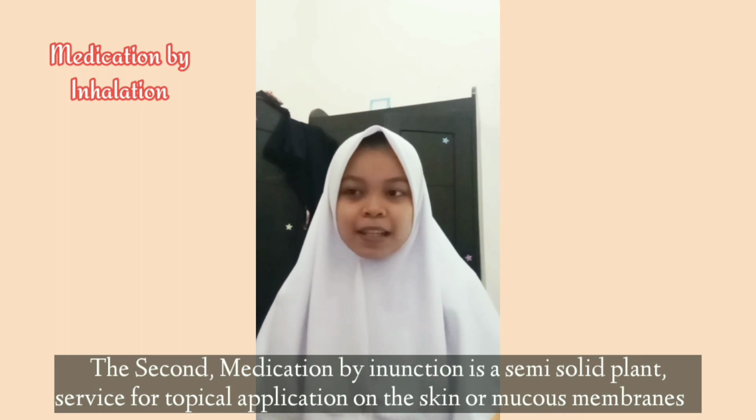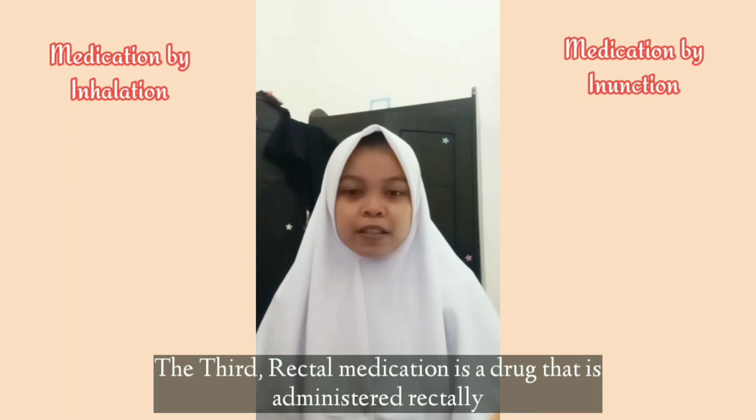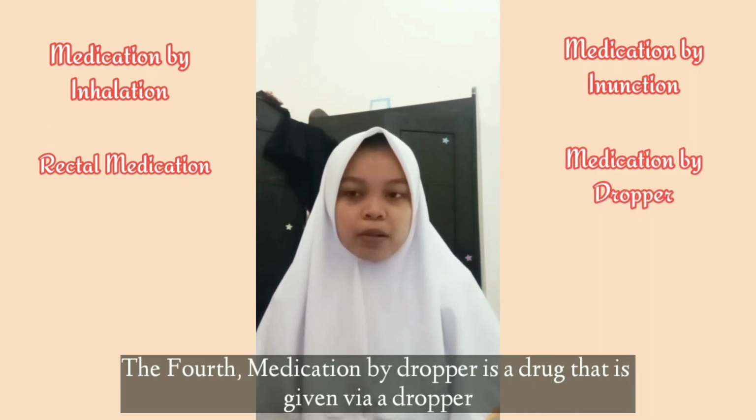The second, medication by ointment, is a semi-solid blend for topical application on the skin or mucous membrane. The third, rectal medication, is a drug that is administered rectally. The fourth, medication by dropper, is a drug that is given via dropper.